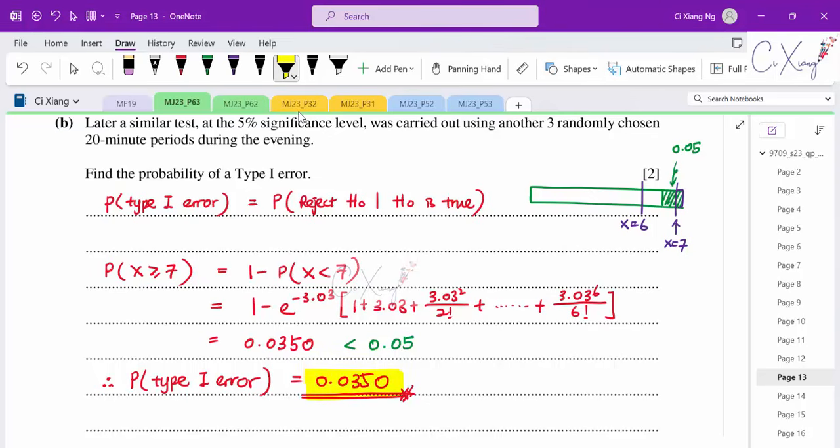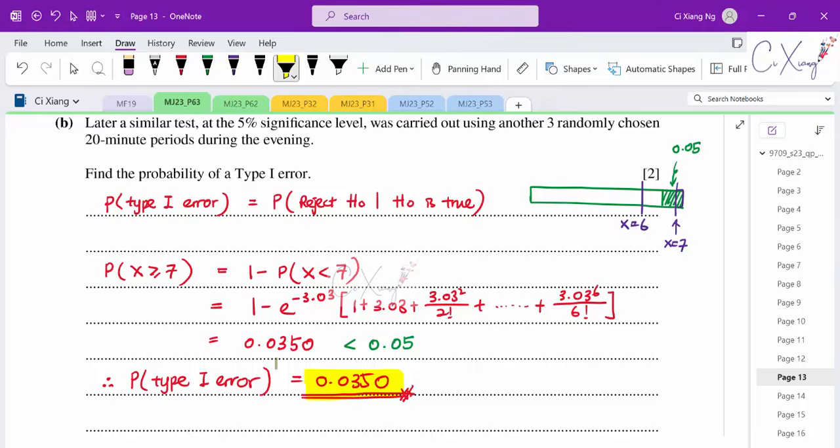Okay, so this is how we calculate and get the type 1 error for this particular question. So our idea is first you need to find the rejection region. And since x equals to 7 is our rejection region, the probability for type 1 error will be equal to the probability of x greater or equal to 7. Therefore, this is my answer for type 1 error. All right, so this is how we do part B for question number 8.